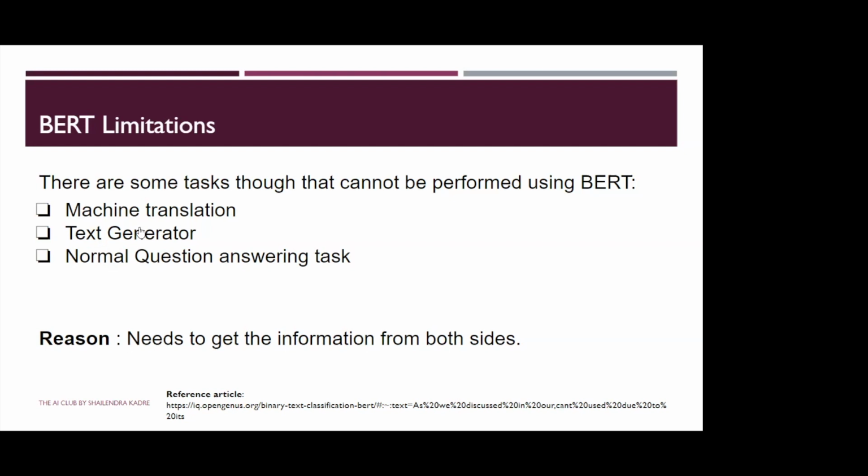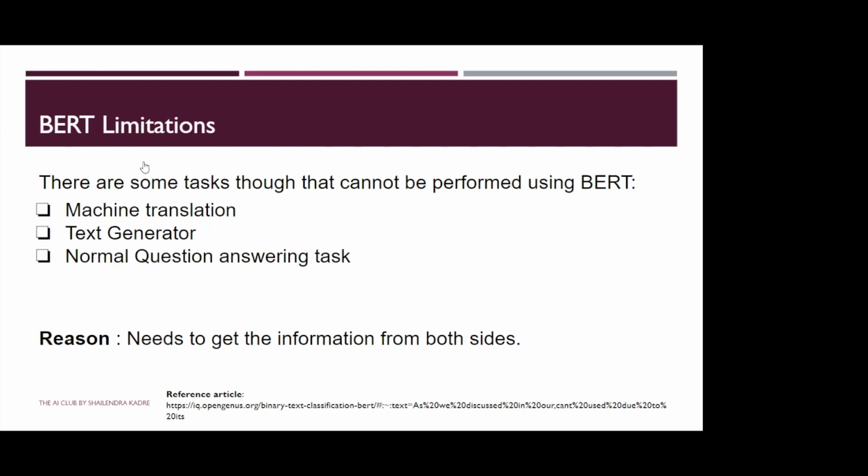BERT is also not a text generator, so it cannot generate text out of the blue. If you just give a topic and expect a whole article about it, it cannot do that. Machine translation is also one of the fields where BERT lacks. So why is that so?